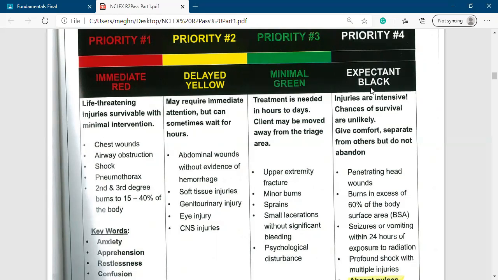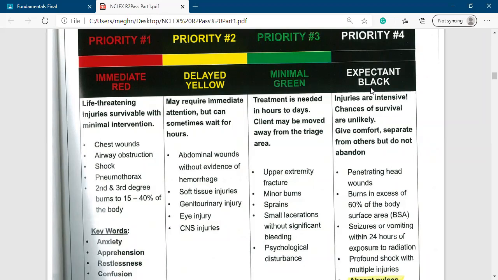Examples of black tag patients are penetrating head wound or chest crush injuries, very bad chest crushing injuries. From your experience, when you see the patient, you can understand, okay, maybe whatever you do, the patient will die.